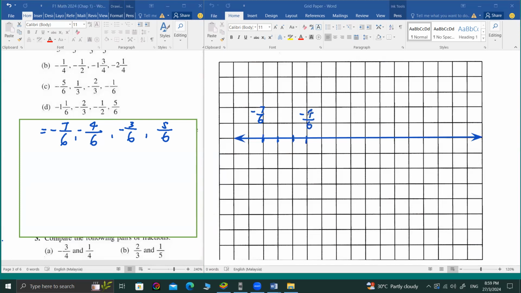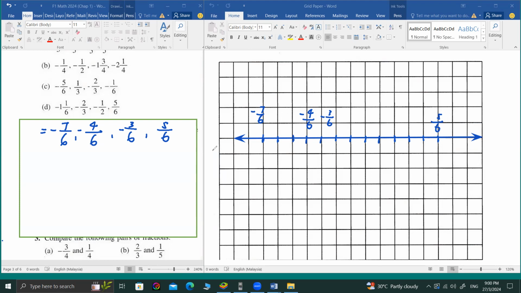This one don't write yet. I show you. 7, 6, 5, 4, 3, 2, 1, 0, 1, 2, 3, 4, 5. Okay. See that? Okay, now I can copy the actual answer already.